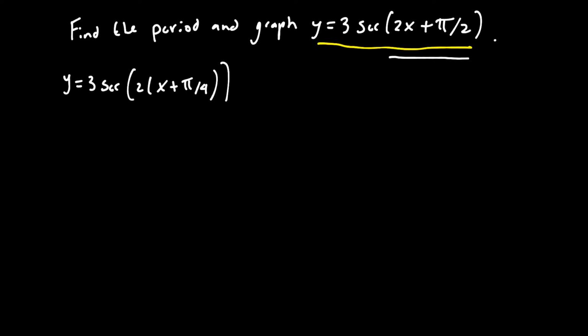Now this tells us quite a bit of information. It tells us, number one, we're going to vertically stretch our graph by 3 units. Number two, the period of our graph is going to be given by 2 pi divided by 2.